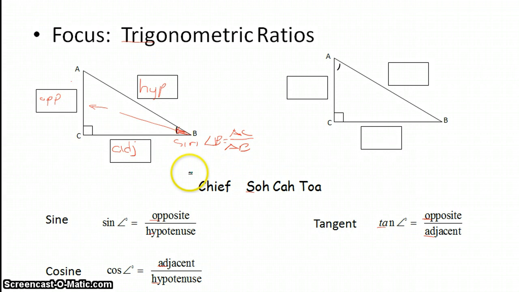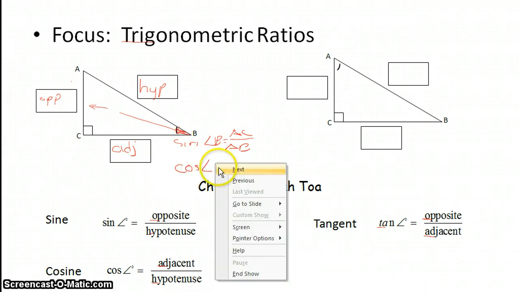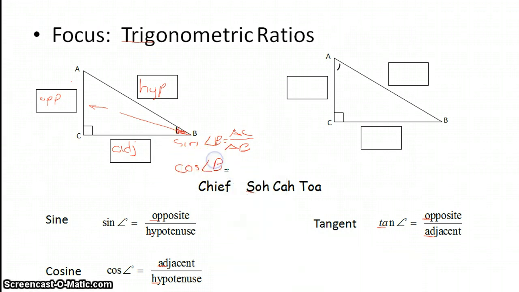Let's say we wanted to find the cosine of angle B. Cosine, remember, is adjacent over hypotenuse. The side adjacent is side BC, so we would say side BC over hypotenuse, and again, hypotenuse is side AB.